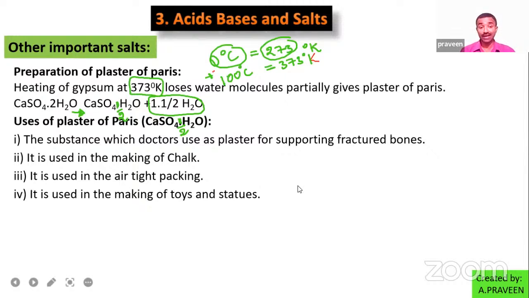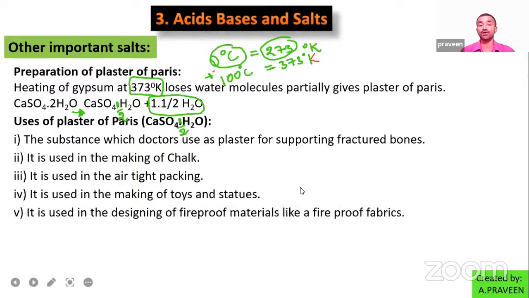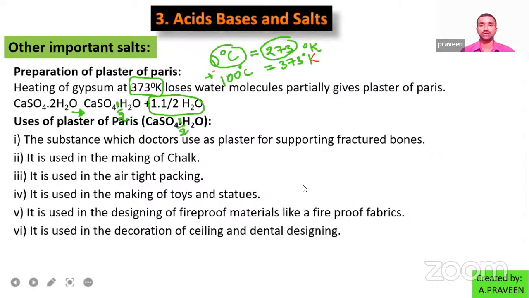It is used in the designing of materials that are fireproof, like fabrics. Also used for decoration purposes in houses, where walls are smoothed and roof ceilings designed.